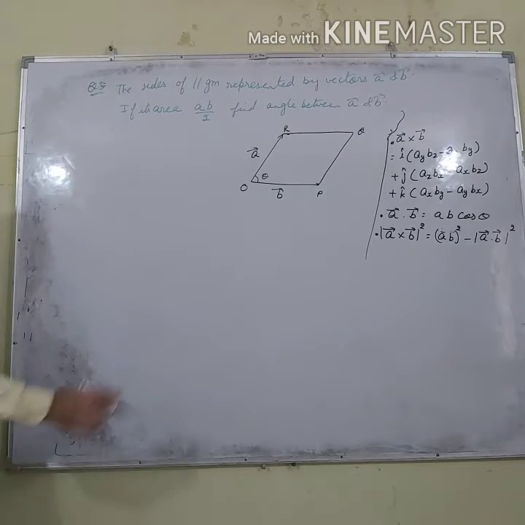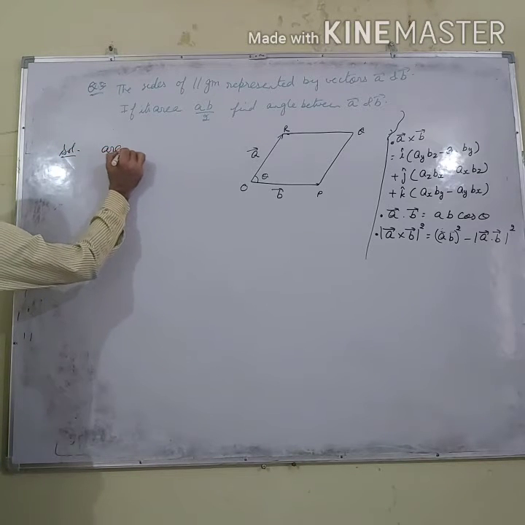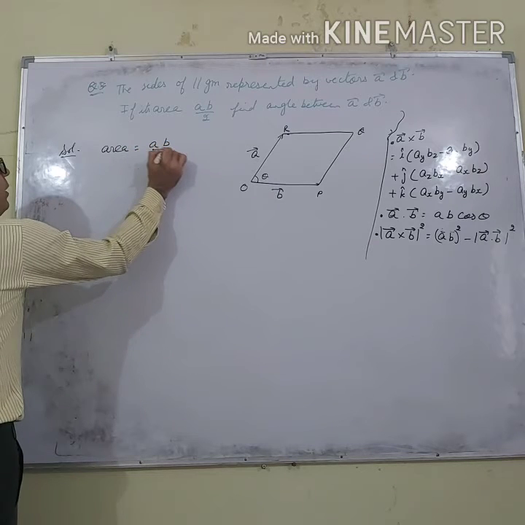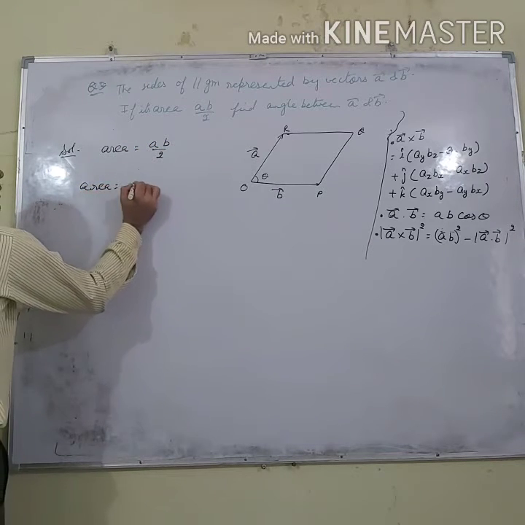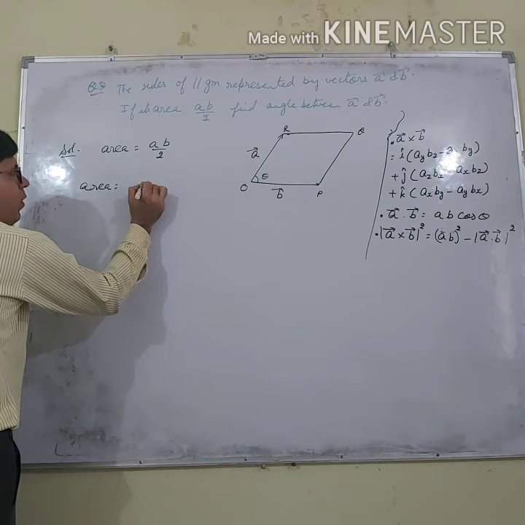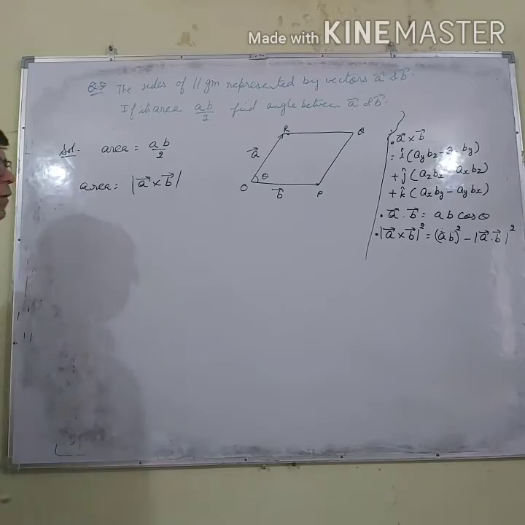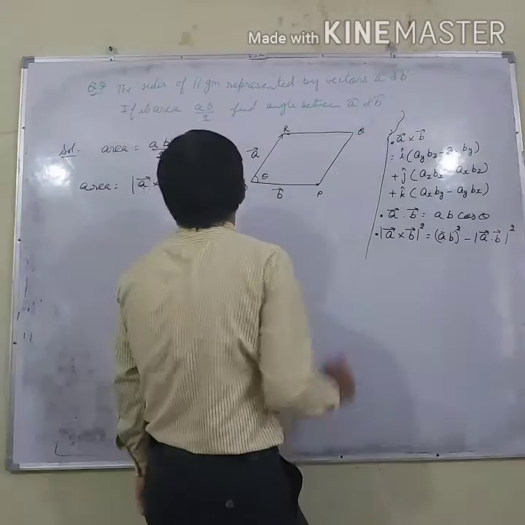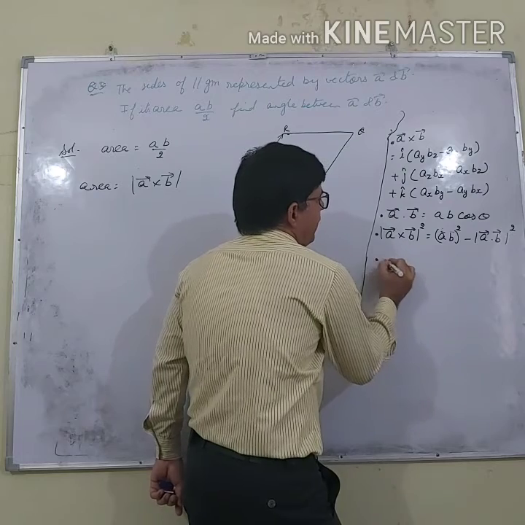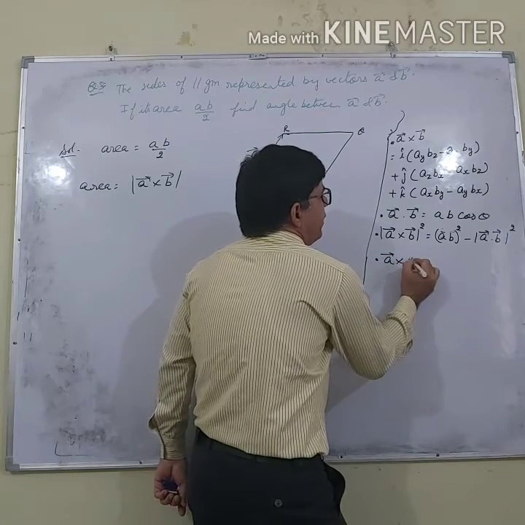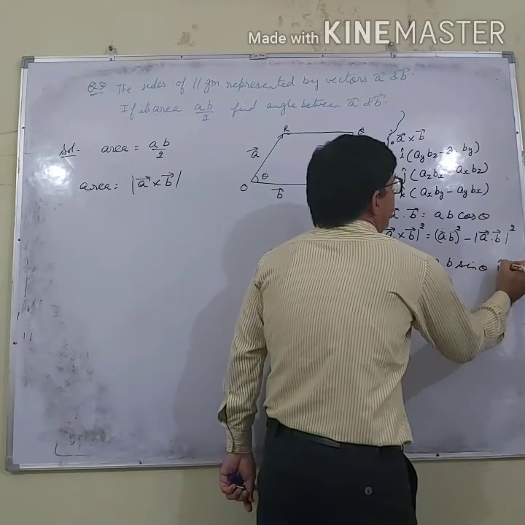Now the solution: we are given that the area is AB by 2. But what is the area? All of us know, it is the magnitude of A cross B, because the area of a parallelogram is given by the magnitude of A cross B. And we know that A cross B is AB sin theta n cap.